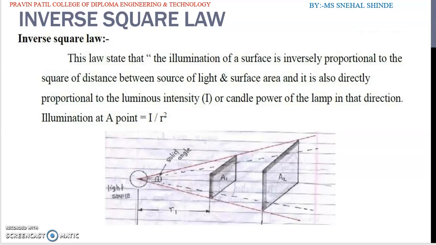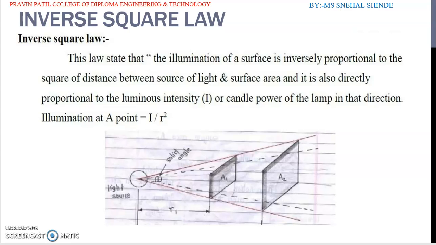The statement of this law is: the illumination of a surface is inversely proportional to the square of the distance between the surface and the light source, provided that the distance between the surface and the source is sufficiently large so that the source can be regarded as a point source.